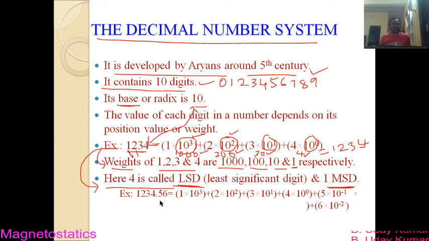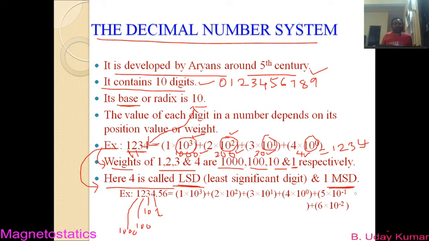We start from 4, which is in the units position, so its coefficient is 1. The 3 is in the tens position, so its coefficient is 10. The 2 has a multiplication factor of 100, and 1 has a weight of 1000.